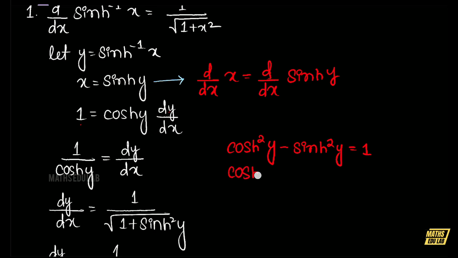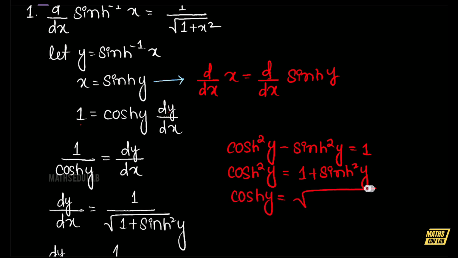Cos hyperbolic square y is equals to 1 plus sine hyperbolic square y. When we take the square root, cos hyperbolic y is equals to root over 1 plus sine hyperbolic square y. So we got the cos hyperbolic y formula.